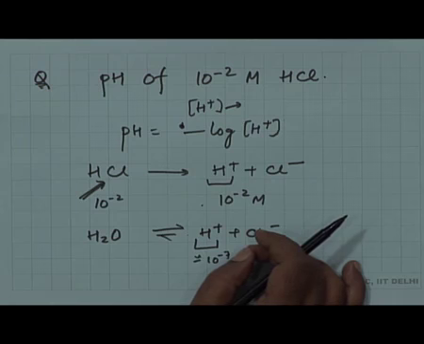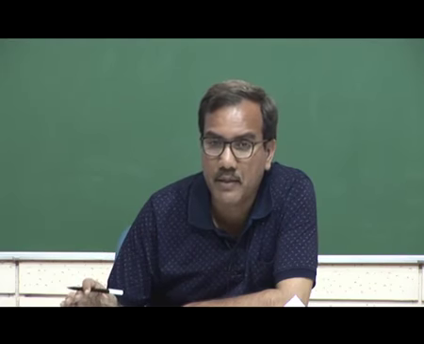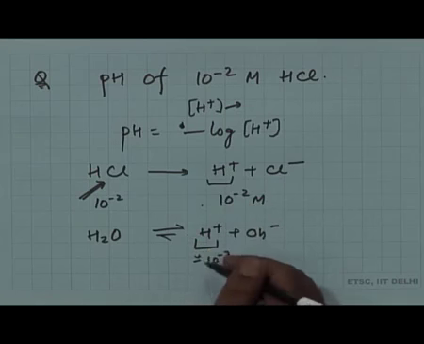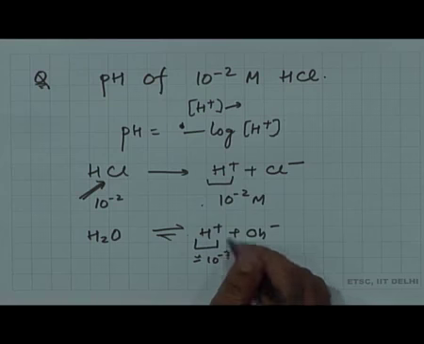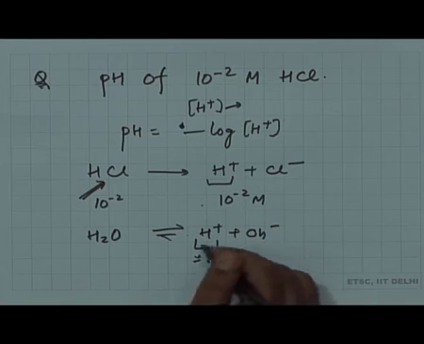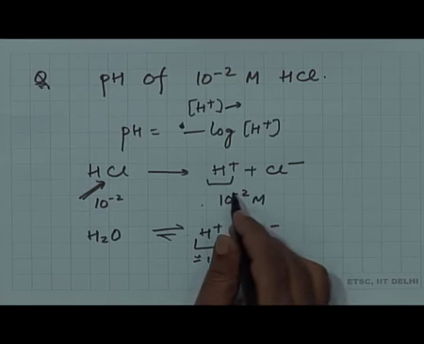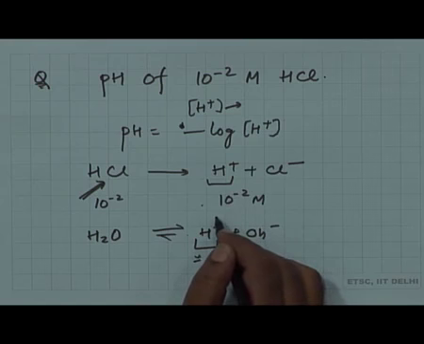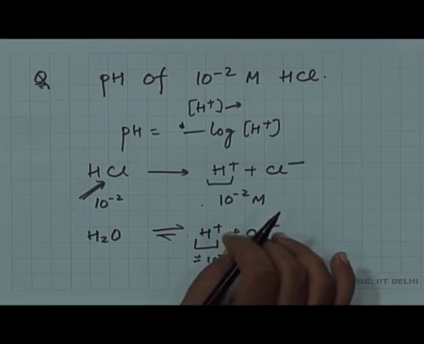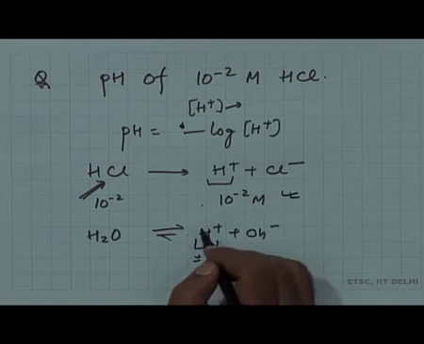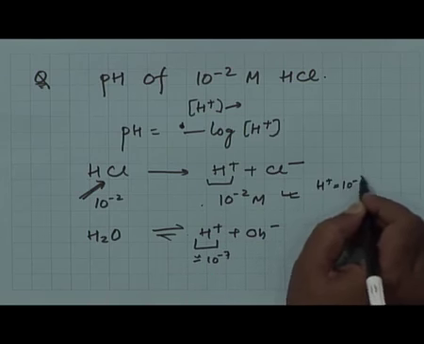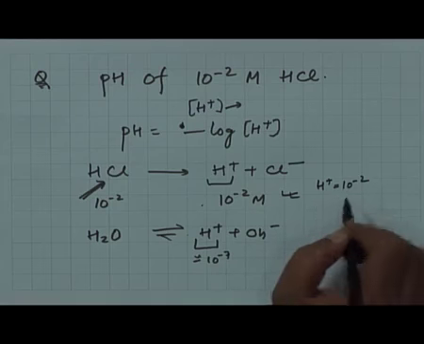It will be even smaller than 10 to the power minus 7 because of the common ion effect, which I will explain later. So, this concentration is quite less in comparison to 10 to the power minus 2 molar, and hence almost all of the H+ in the solution will be contributed by HCl, and so the H+ ion concentration will be 10 to the power minus 2.